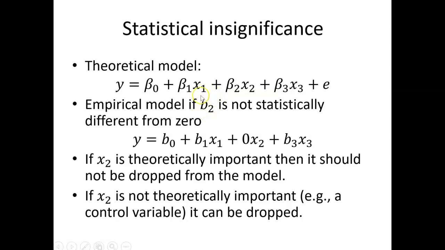Imagine B0, B1, and B3 are all statistically significant, different from 0. Imagine that your estimated B2 is not statistically significant, not different from 0. So conceptually, your model now looks like this: Y equals B0 plus B1 times X1 plus 0 times X2 plus B3 times X3.